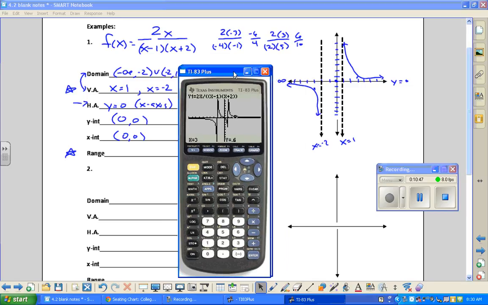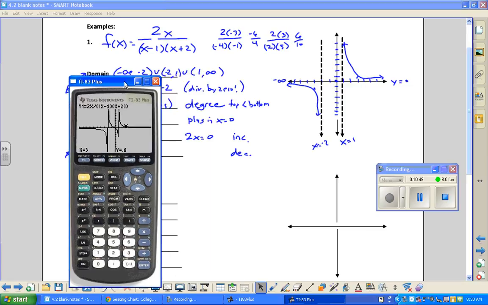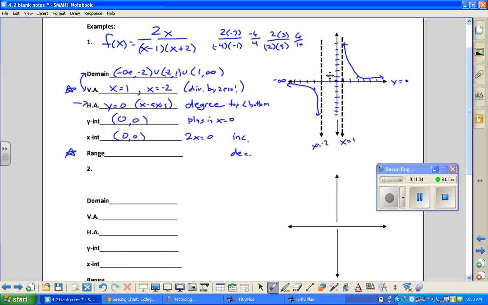So let's plug in something to the left of the intercept, to the left of 0, at -1. I plug in -1, and we get +1. So that fact eliminates one option. It has to go up on the left side.